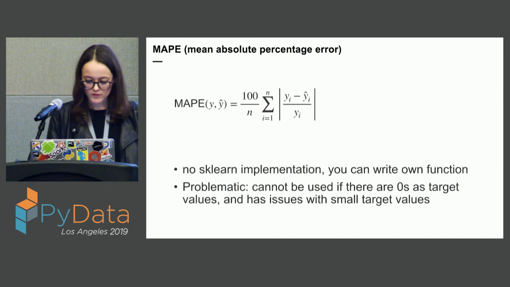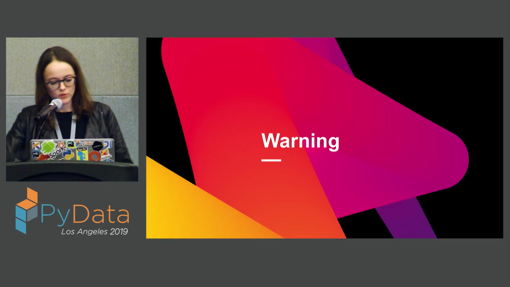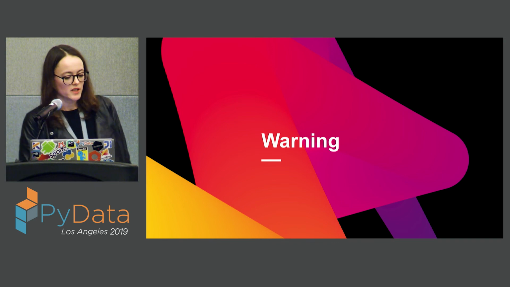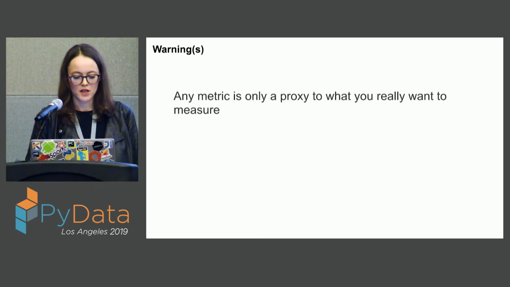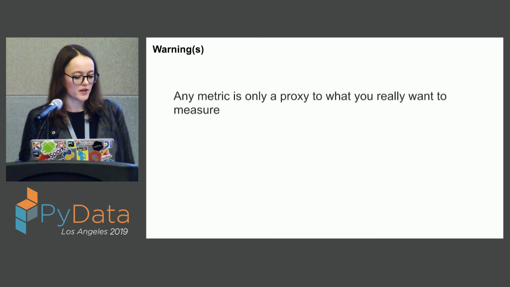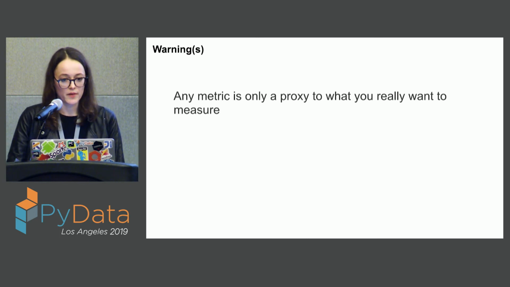And before I wrap it up, I'm going to give you a couple of warnings. Any metric is going to be only a proxy to what you really want to measure.